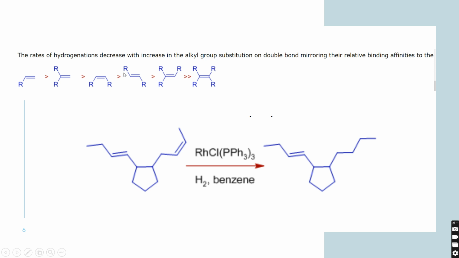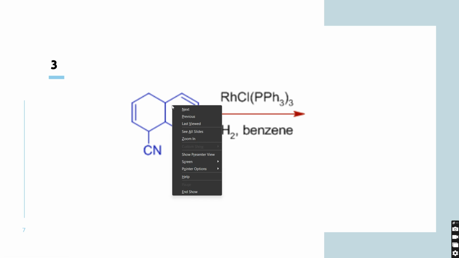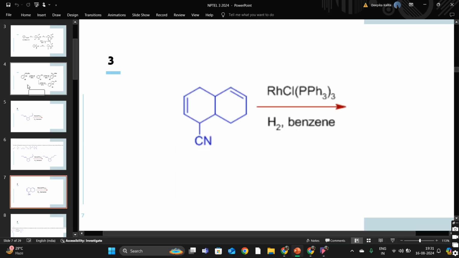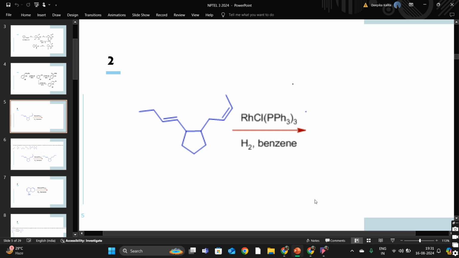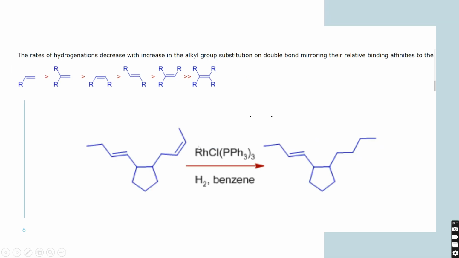So this shows the relative rates of binding, the relative binding affinities of different olefins to the Wilkinson catalyst.